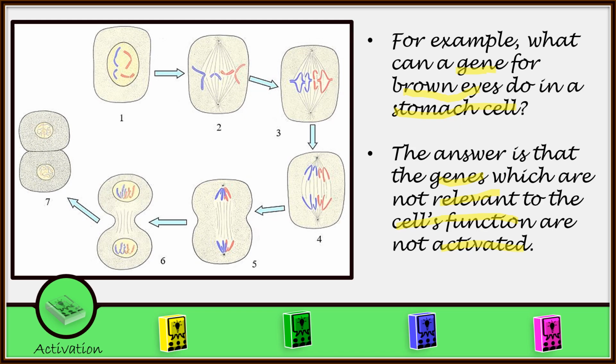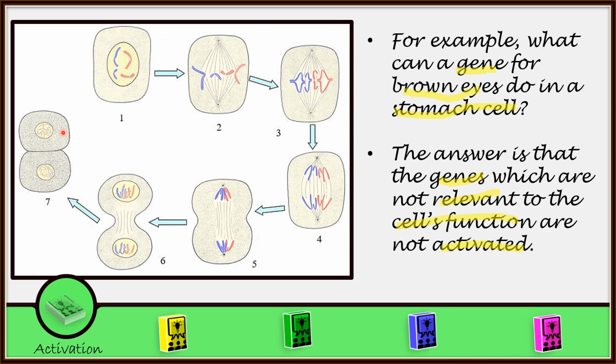All these cells are identical, but when the cells find themselves in the stomach, only the genes relevant to the activities carried out in the stomach will be activated.